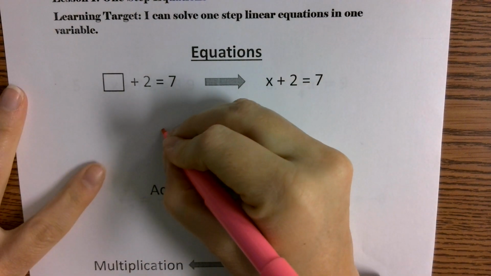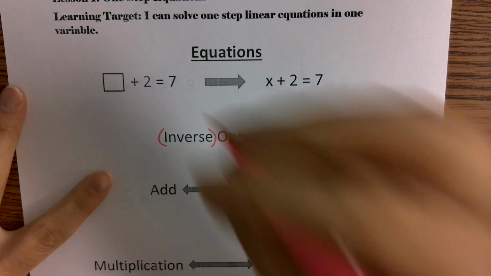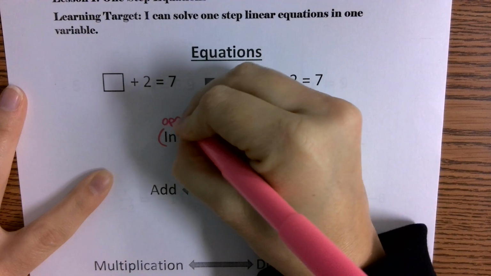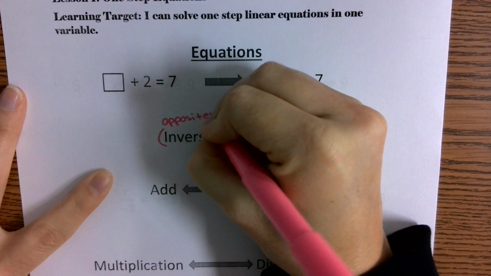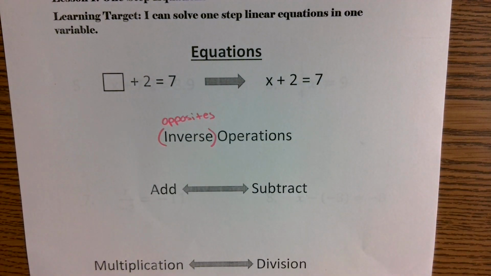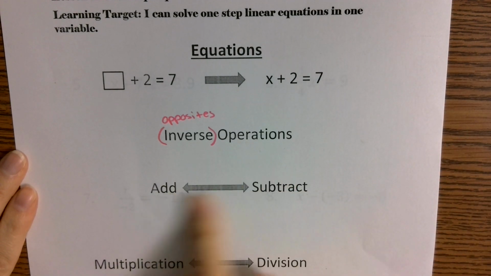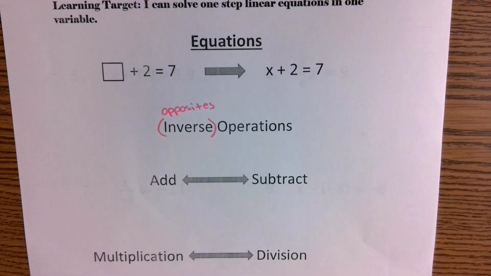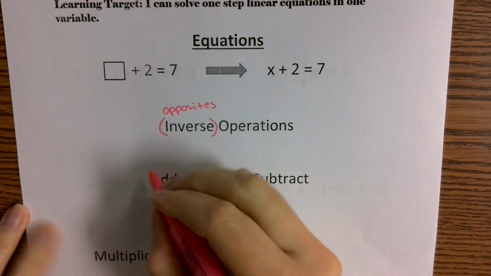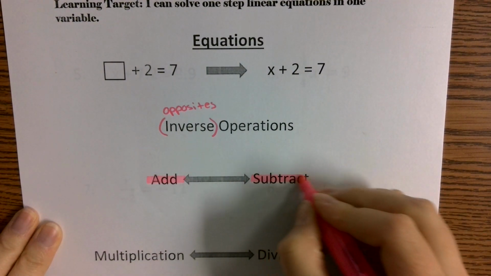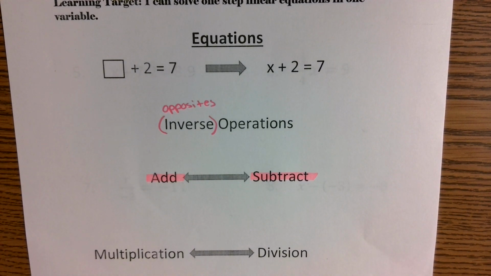So when we say the term inverse, we are talking about opposites. We are discussing opposite operations. So addition and subtraction happen to be opposite operations. So if I want to undo an addition problem, I just need to subtract to undo that addition.